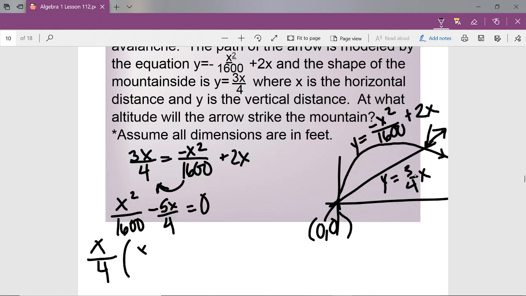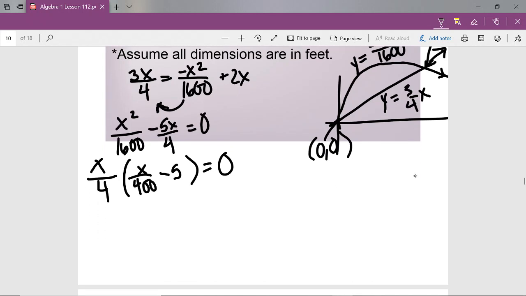I get x over 400, you can check that for yourself, make sure it's the same as x squared over 1600, and then minus 5. Oops, sorry, that x is no longer there, it's just minus 5, equals 0. Which means that I have two pieces here that I can actually solve for 0. x over 4 could equal 0, and x over 400 minus 5 could equal 0.